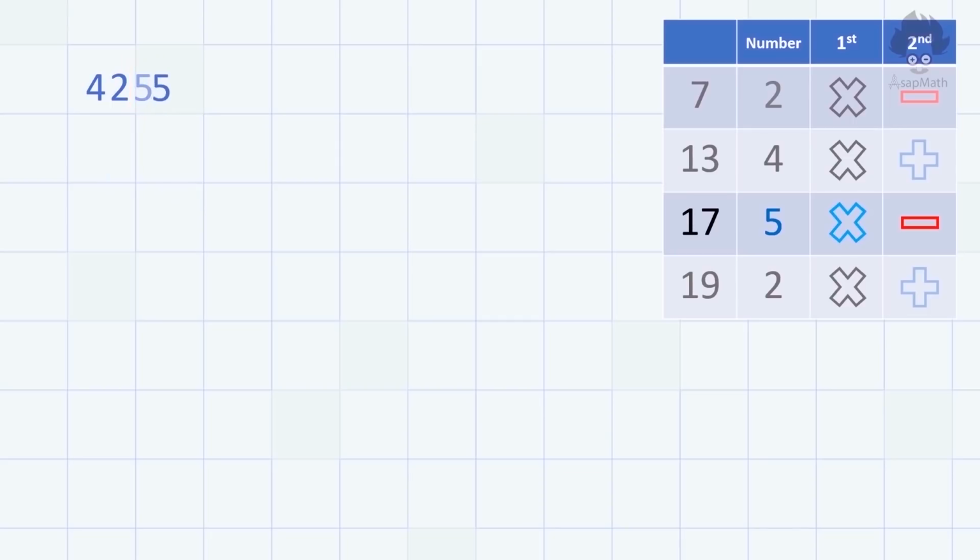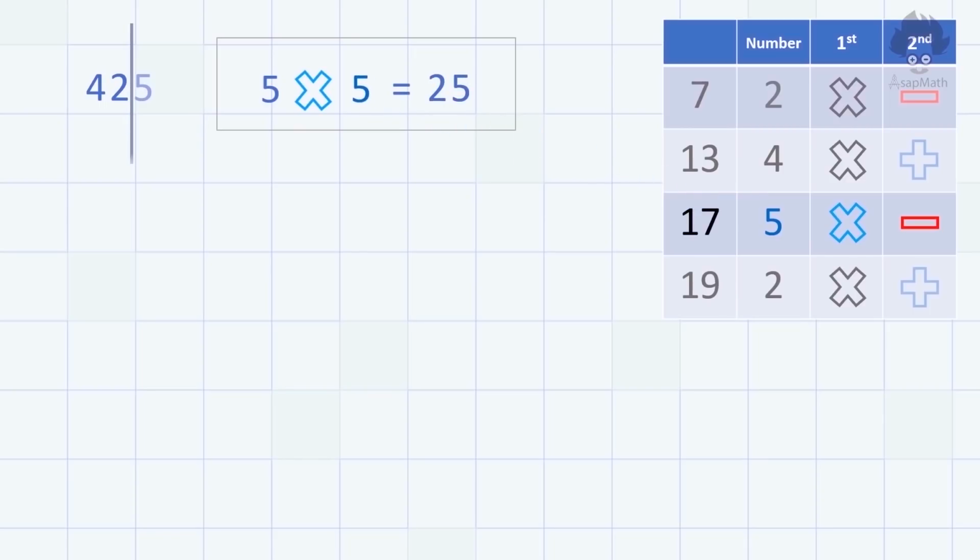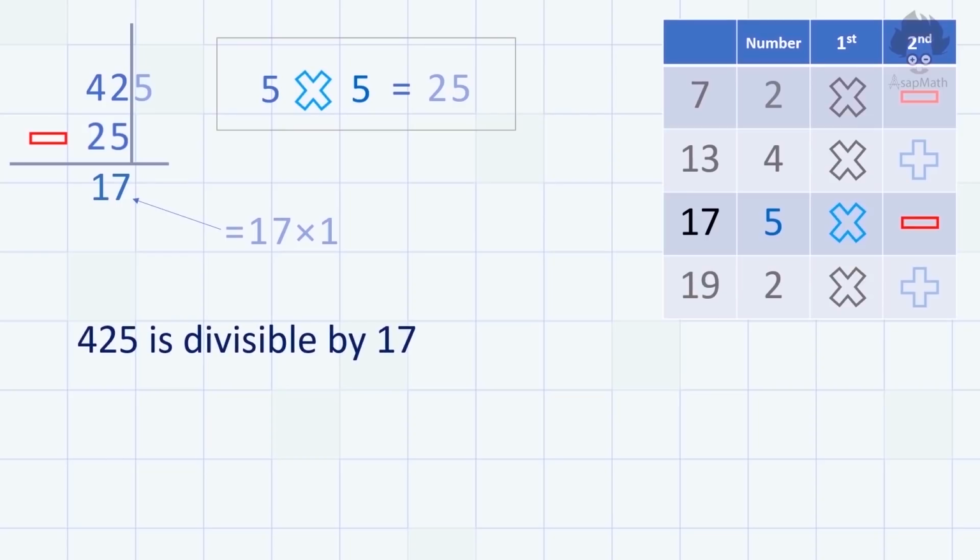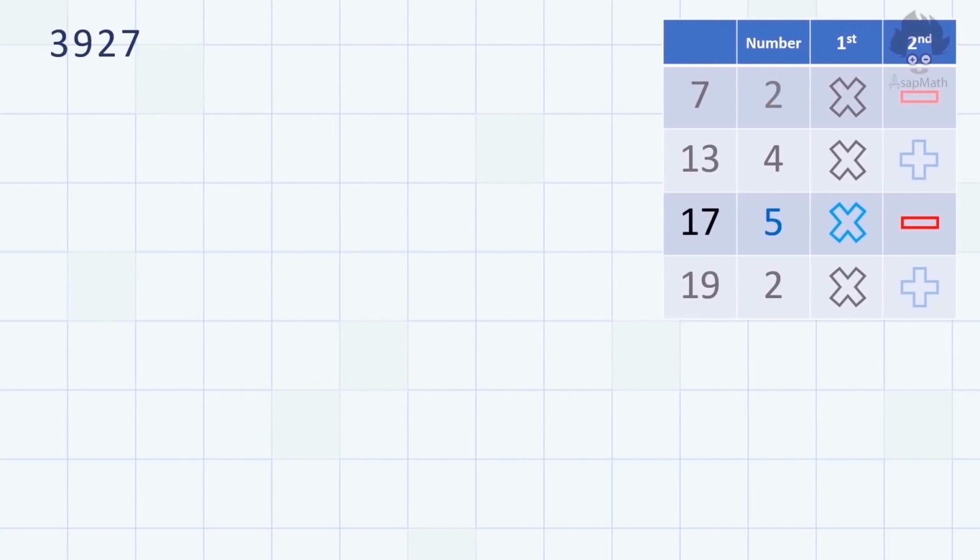Last digit is 5. 5 is multiplied by 5. Answer is 25. Then subtract it from the remaining number. Answer is 17. So the original number is divisible by 17. Another example is listed here.